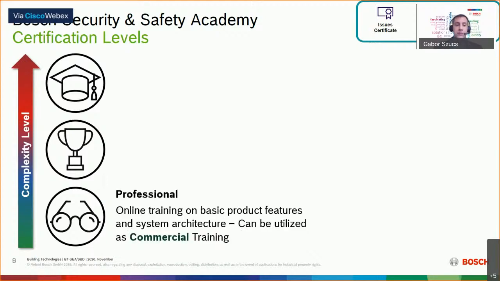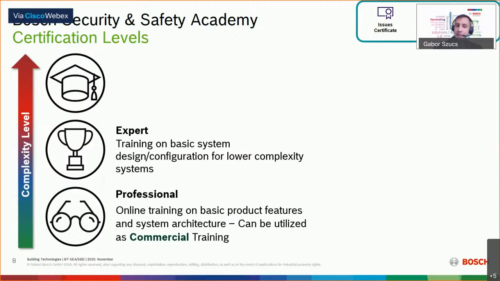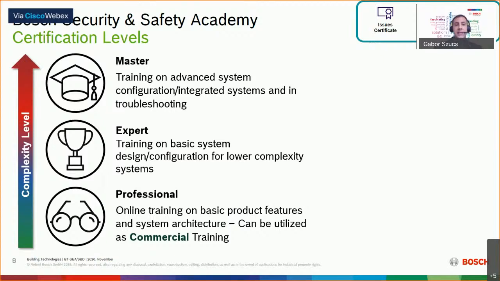The lowest level is the professional one. This mainly covers online courses, the entry-level course, let's say, and we would like to redirect commercial colleagues' attention to that. The second is the expert level training, which combines the online and the classroom trainings, which also gives you system level competencies. And the highest possible skill to be reached from a system perspective is master.